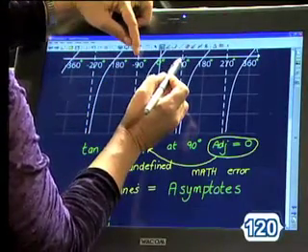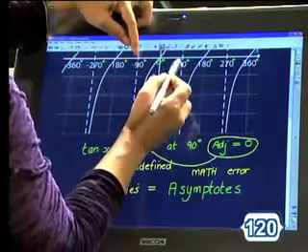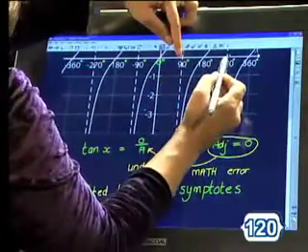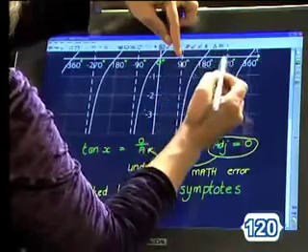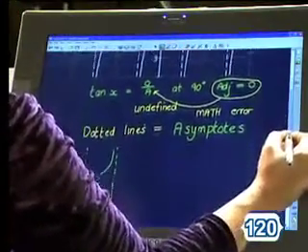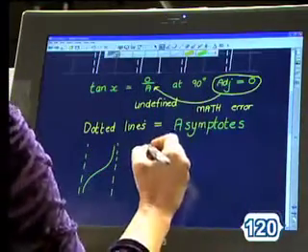Now, 90 minus minus 90 gives me 180. The next wiggle happens between 90 and 270. Can you see that that is a span of 180 degrees? So this is the first very, very important difference between sine, cos, and tan.